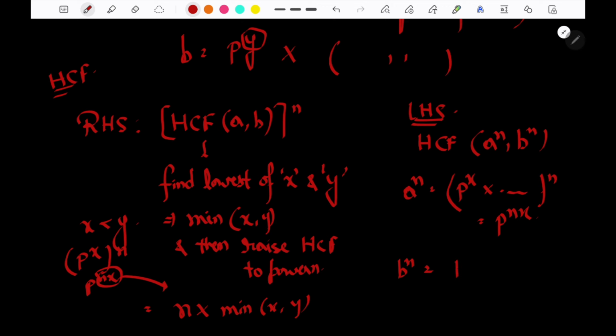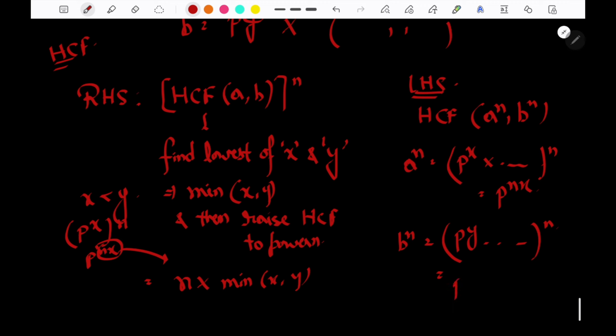Again b to the power n will be p to the power ny into some other prime factors. For example, 6 can be written as 2 into 3. I am only interested in one prime factor, and we are seeing whether it is true for one prime factor, then it will be true for other prime factors as well.